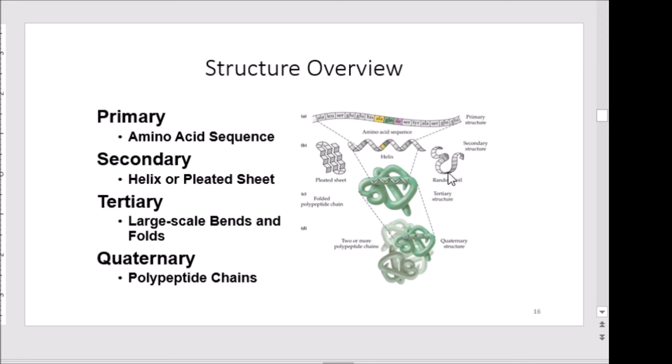We could get random coils, but we'll spend some time on those. And tertiary is going to be these advanced folding. That one's a little bit tougher, but it's going to be not just how it twists, but these large scale foldings. So I'll demonstrate that one.